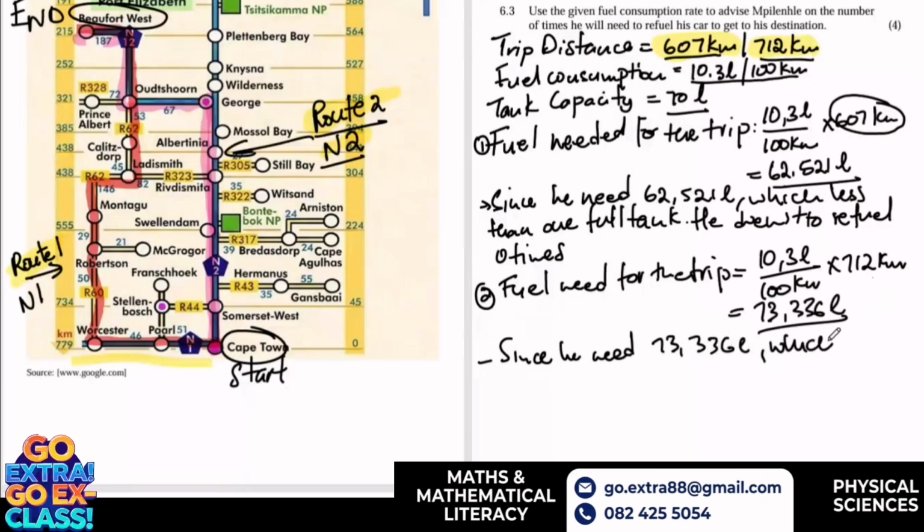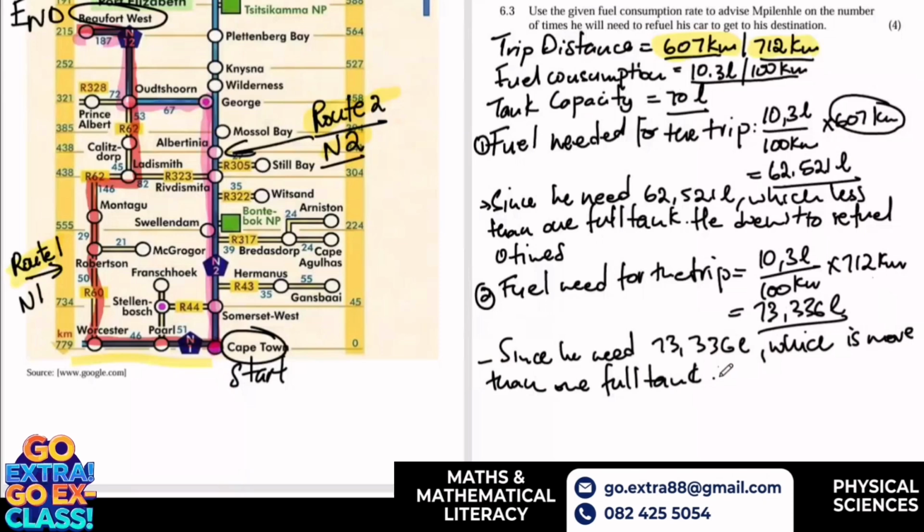which in this case is more than one full tank.